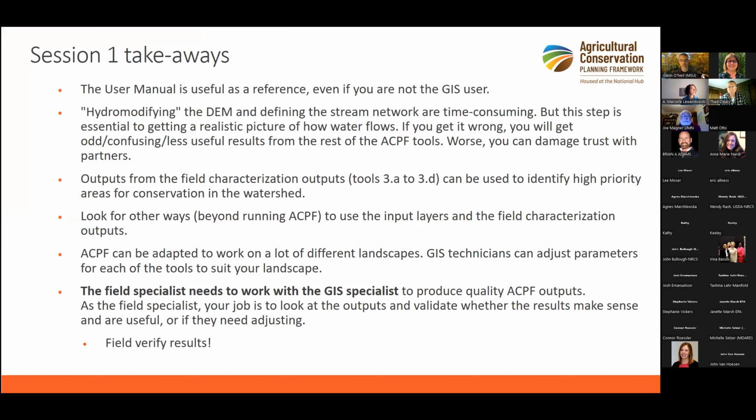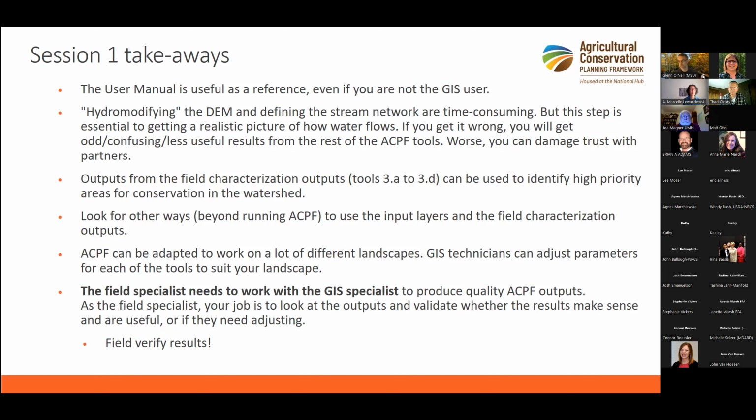Here are just a few takeaways I wanted to highlight from session 1. The first is that if you haven't looked at the user manual, take a look at that. It's a great reference to look back at, even if you're not a GIS user. Second, hydromodifying, the DEM, a good digital elevation model, and defining the stream network.